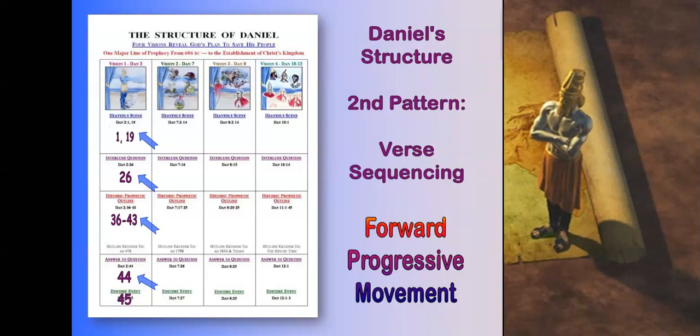When Daniel starts out in verse 1, he's going to have that forward progressive movement out through those kingdoms, all the way through those 45 verses. So what happens in chapter 11 is that you can find the secular historical events, but there could be 2 or 3 historical events that will match the same verse, but they're in different time frames.